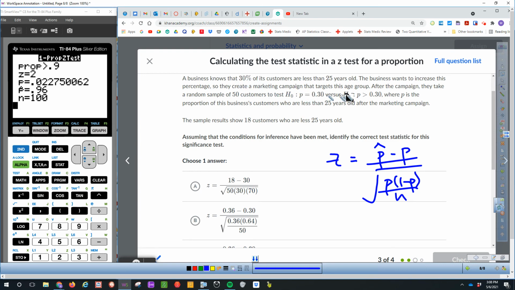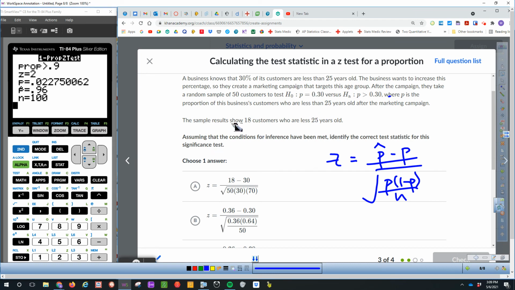That came from here, 30%. And the alternate is more than 0.3 because the business wants to increase this percentage. They want to know if that was done after the campaign, where P is the proportion of this business's customers who are less than 25 years old after the marketing campaign.